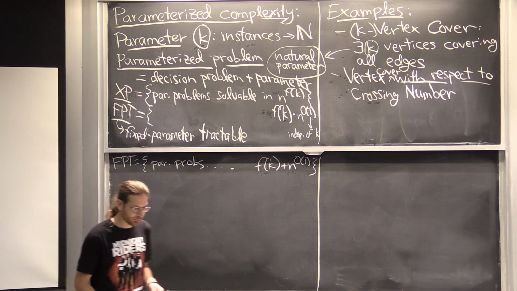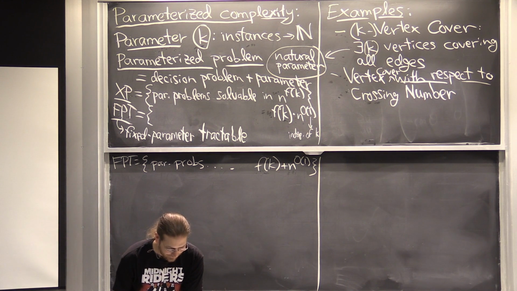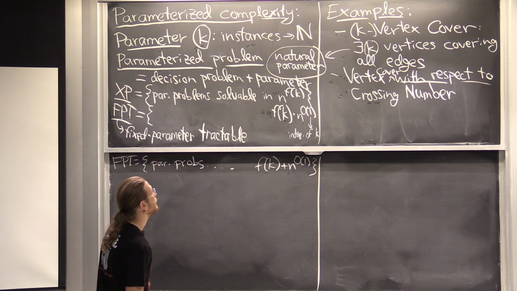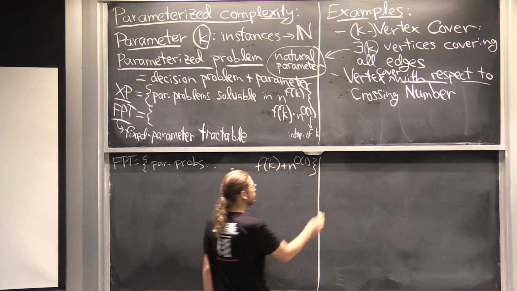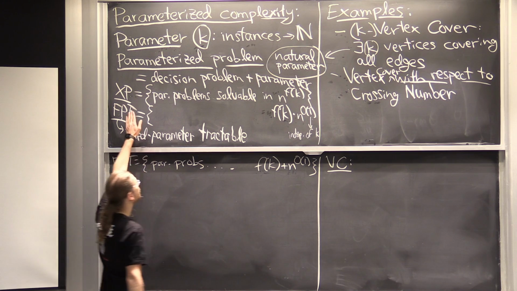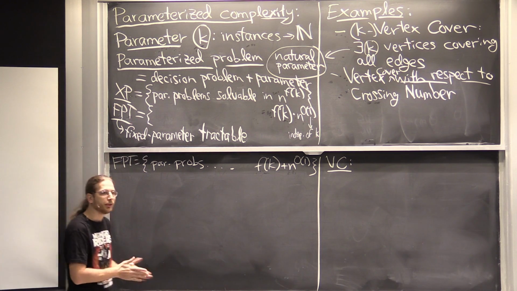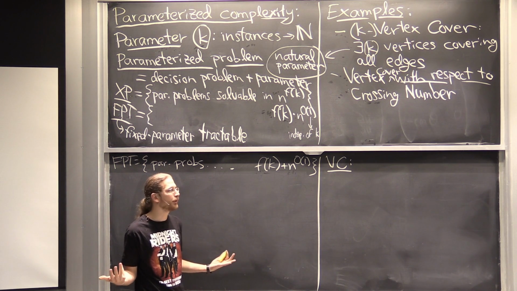Cool. So that answers one plausible question. Let me give you an example of an FPT algorithm, let's say, for vertex cover. So back over here to vertex cover. How about an XP algorithm for vertex cover? That's really easy, not very interesting. You could just guess a vertex cover. Try all possible vertex sets of size k.